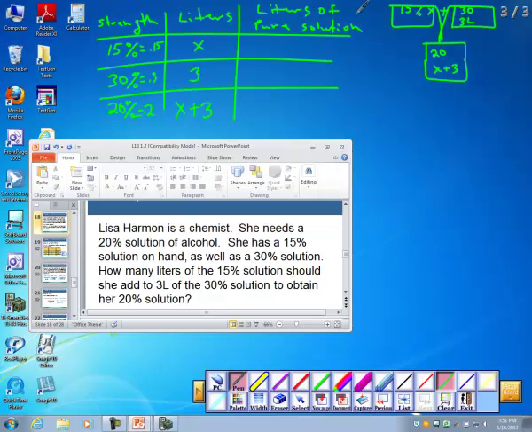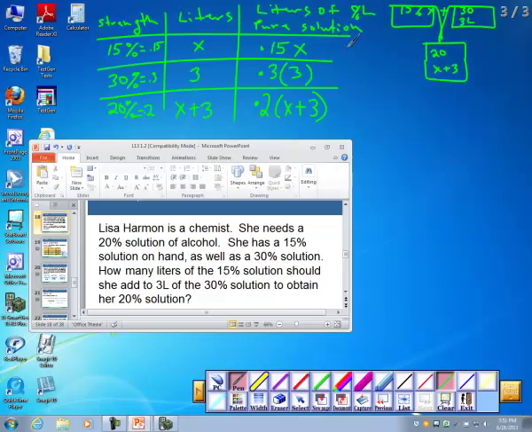This is nothing more than percent times liters. So this is 0.15x. What's the next one going to be? 0.3 times what? 3, right. And the next one, 0.2 times what? Yes, x plus 3, but it has to be in parentheses.